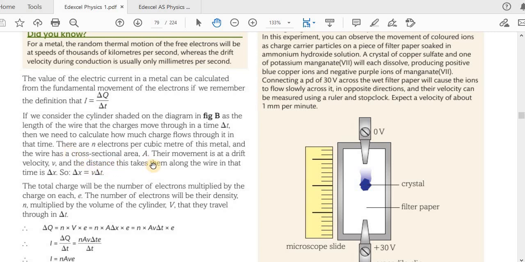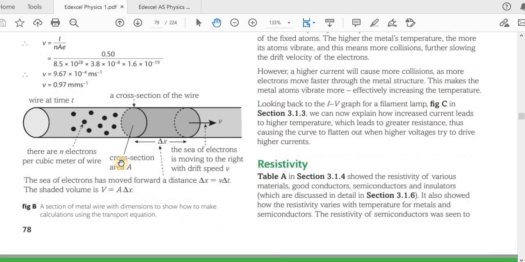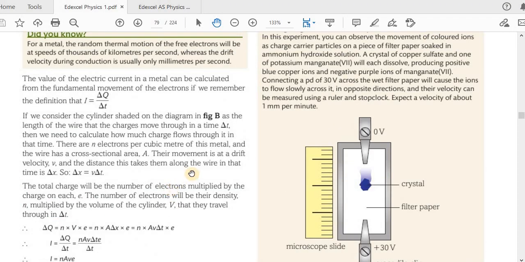There are n electrons per cubic meter of this metal, and the wire has a cross-sectional area A. Here you can see it's labeled, this is the cross-sectional area, that is A.